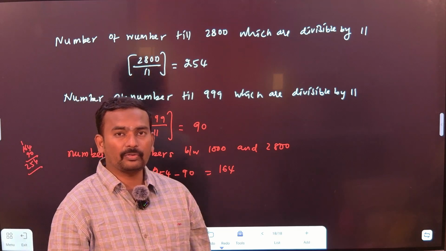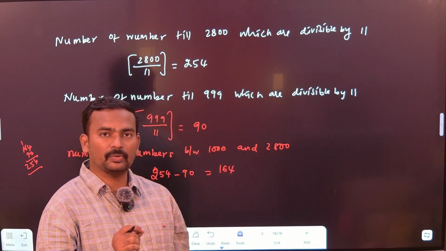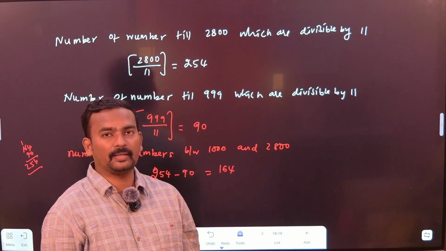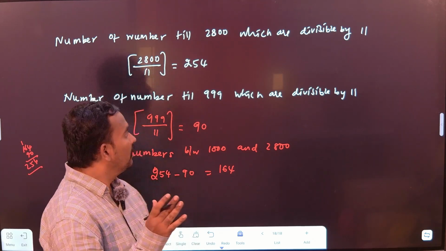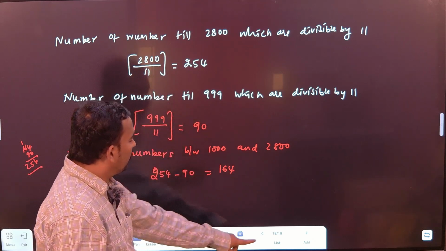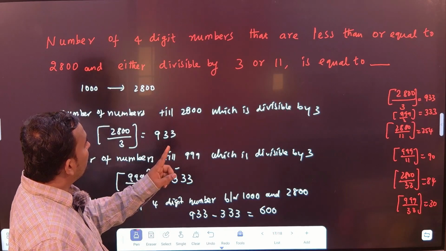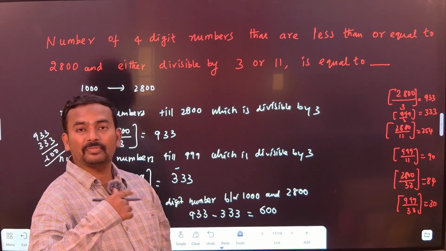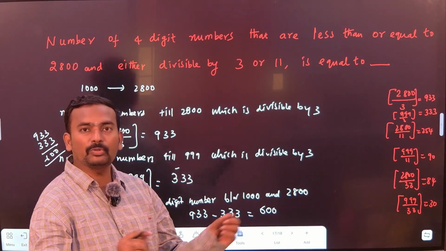But one thing you have to remember, students, here the inclusion-exclusion principle you have to apply. So which things do you have to remove here? Either 3 or 11 is required. But you can see a multiple of 3 and 11 is also there. So you have to remove that case.